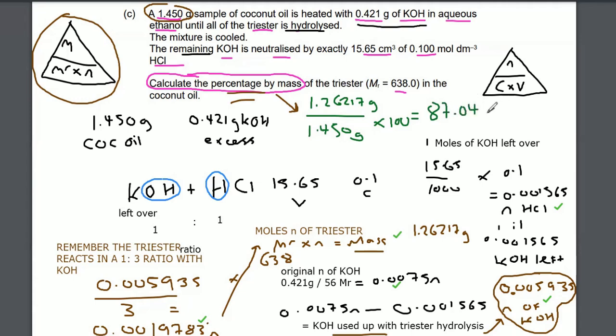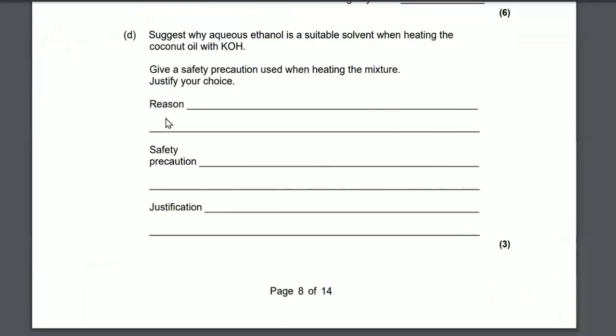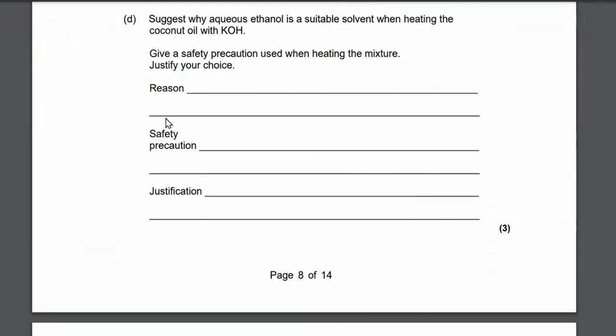It's always best, if you're really good with a scientific calculator, to keep all your numbers in the scientific calculator from the start of your calculation to the end. That way you get closer to the true value that they want in the mark scheme. I got 87.04, so I could just round that to 87%. They accept anywhere from 87 to 87.1%. So there we go. Right, the final part of this question is D.